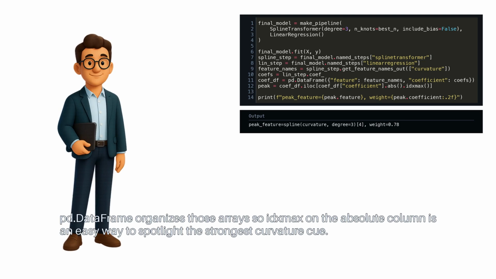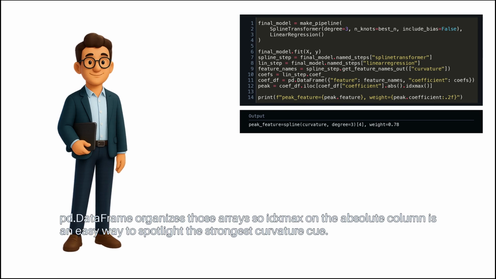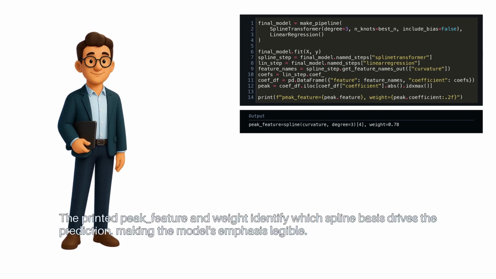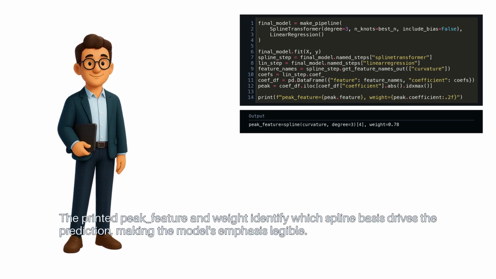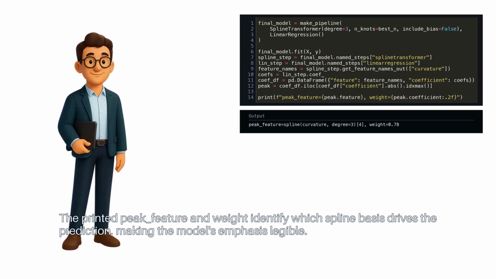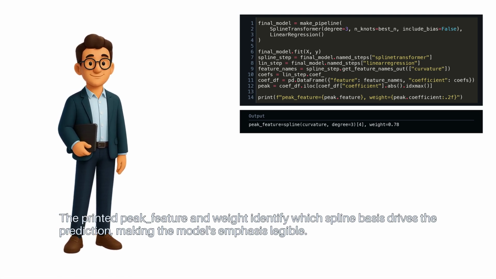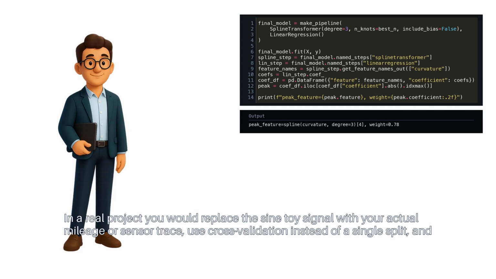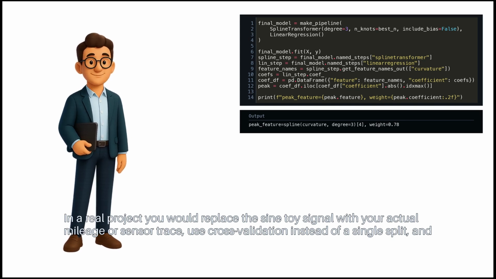A pandas DataFrame organizes those arrays, so idxmax on the absolute column is an easy way to spotlight the strongest curvature cue. The printed peak feature and weight identify which spline basis drives the prediction, making the model's emphasis legible. In a real project, you would replace the toy signal with your actual mileage or sensor trace.